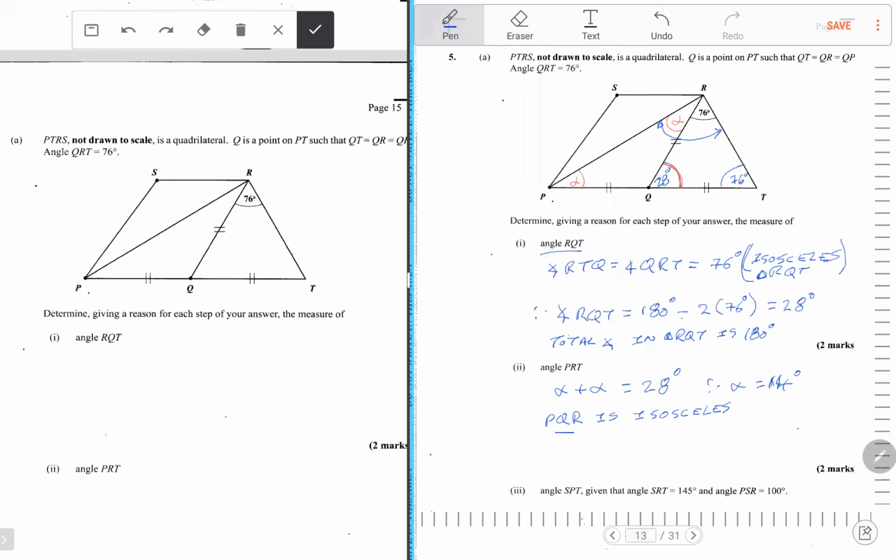All right, so we can say exterior or external angle RQT equals sum of the two opposite interior angles.